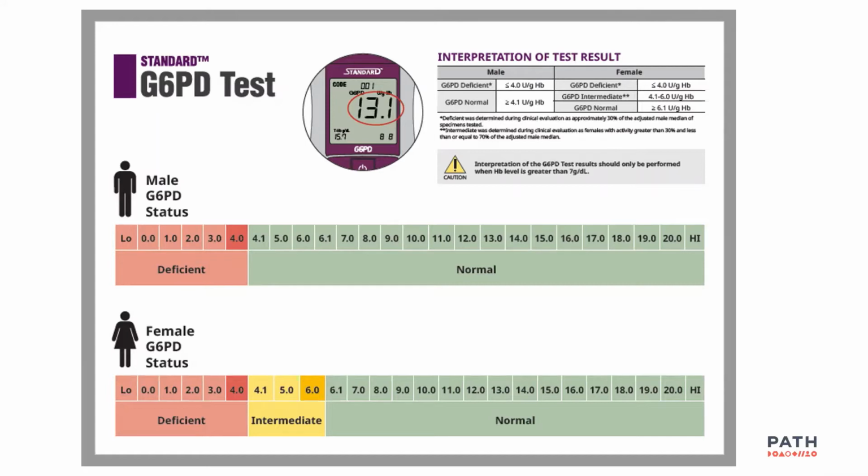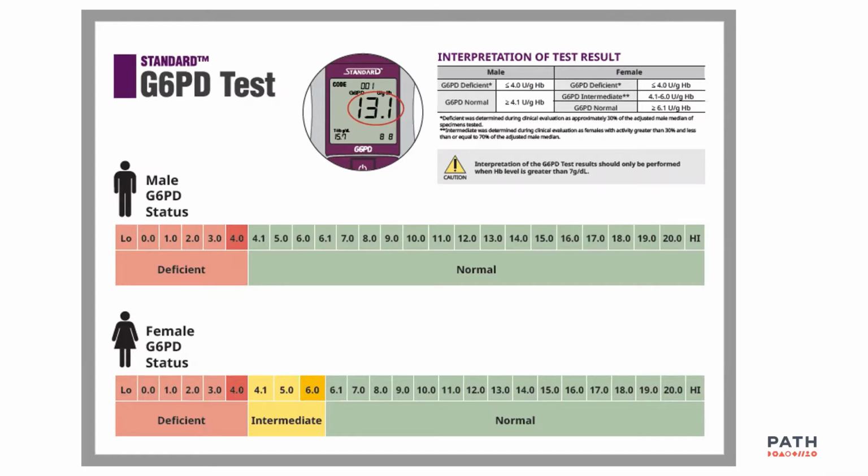And it also indicates, if you look at the far ends of the bars, when the test result will read as either high or low. So particularly when you get a result above 20. And then just to flag some of the warning messages on the test around the interpretation of the hemoglobin results as well.